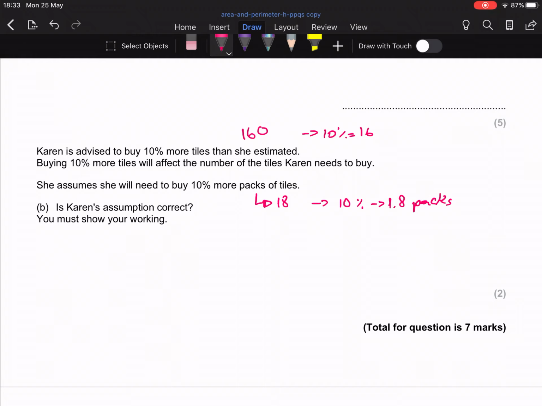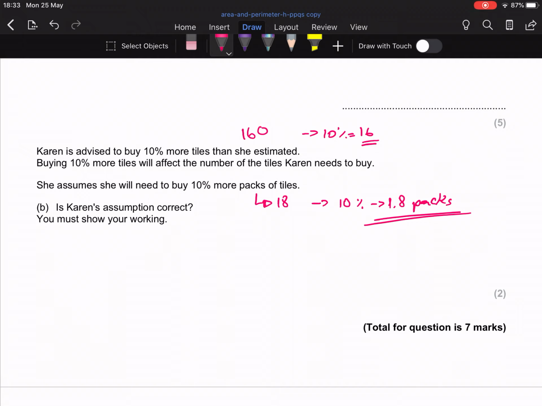Okay. Is her assumption correct? We must show our working out. So for her to get 16 tiles, she would need to buy 2 packs, right? But increasing by 10% only would get her 1.8 packs.